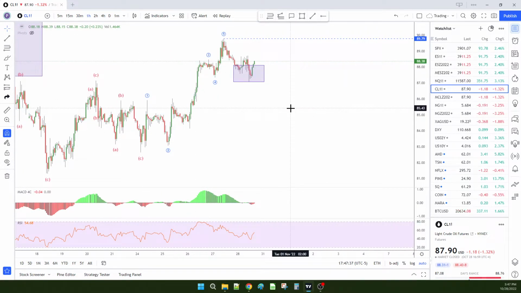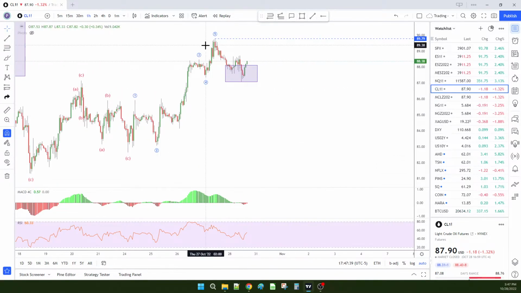And as I said yesterday, we had these 5 waves coming up, and I was expecting price to come down into this zone. And I said yesterday, look for some type of reaction in the 88 down to 87 level. Well, it came straight down to 87.08, almost to the tick. It came down to the bottom of the box, and it has since kind of rocketed up.